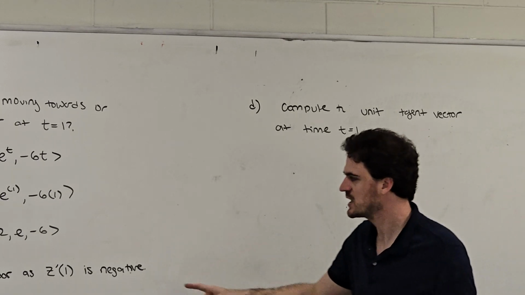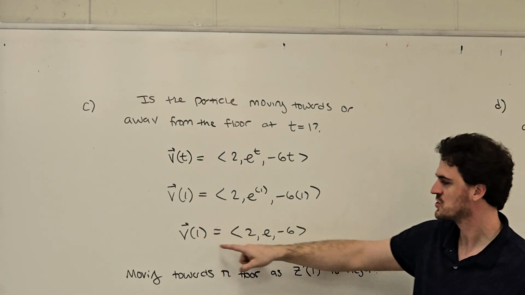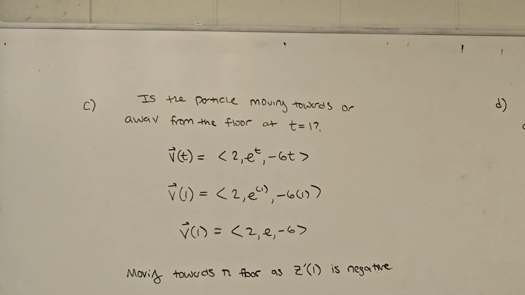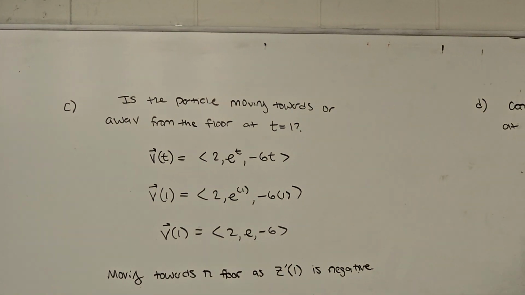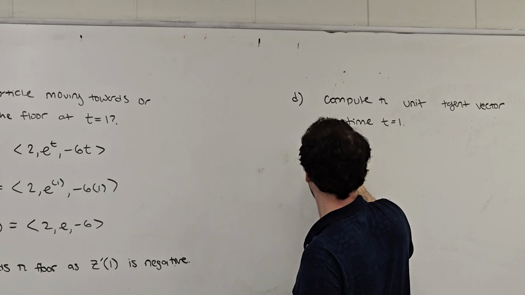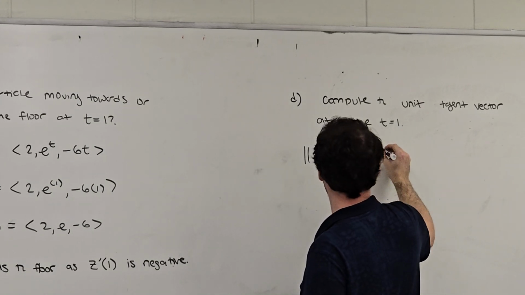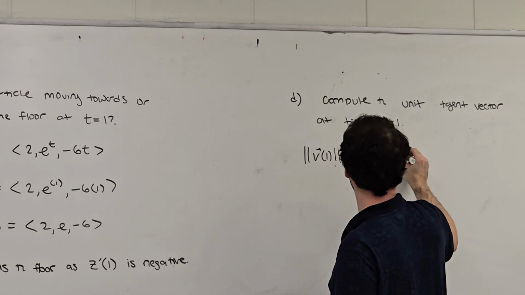So peeking back over here, this was my tangent vector at time t equals 1. So now let's just find the unit vector. That's where we find the magnitude, and then we're going to divide each of the components by the magnitude.